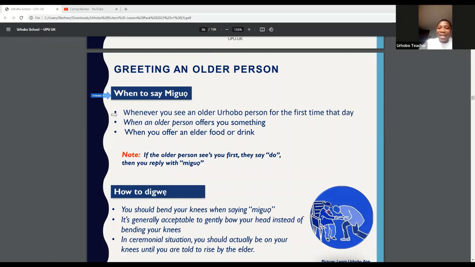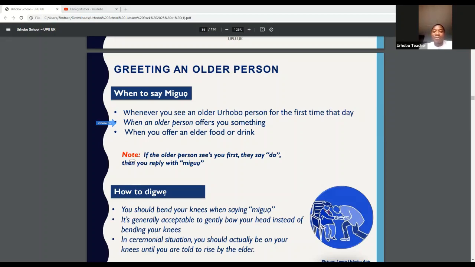Then when an older person gives you something, especially a gift, money, or help, it might not necessarily be something tangible, it can be help, and then you tell the person, in appreciation, Mingwo.